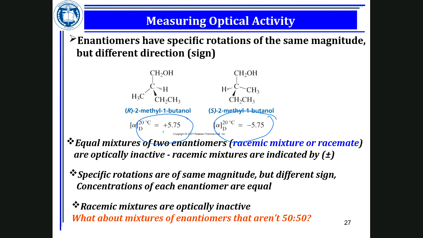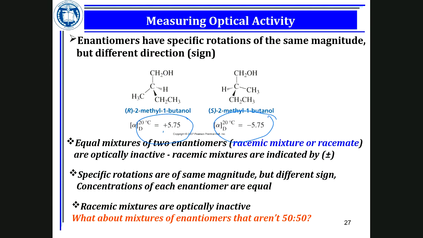Very good, you end up with 50 rotation. So if one goes 75, the other one brings it back by 25, the net is not going to be 0. It would only be 0 if you have a 50-50 mixture. If one goes to the right side by 14 degrees, the other one would bring it back 14 degrees, in the same tube, same concentration, with a 50-50 mixture, the net result is going to be 0.